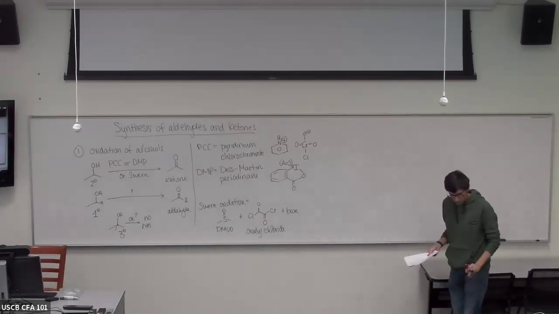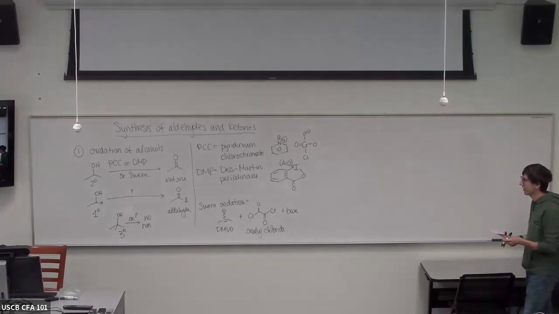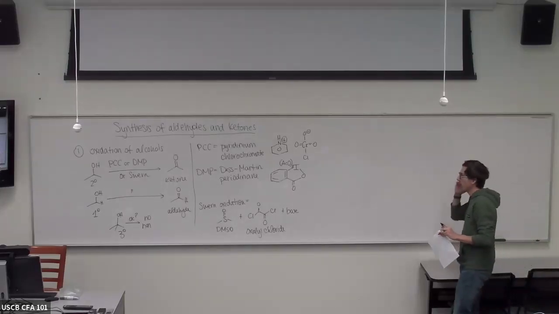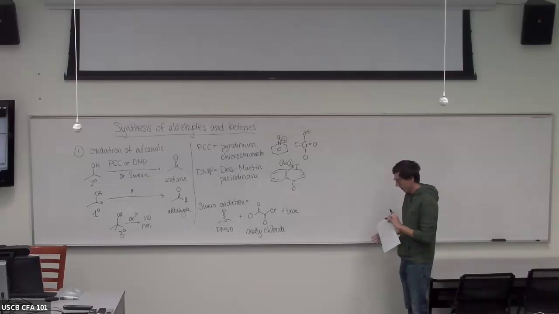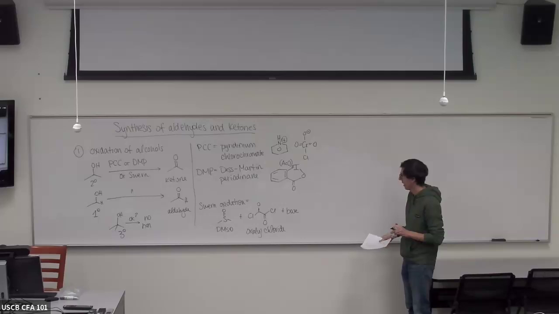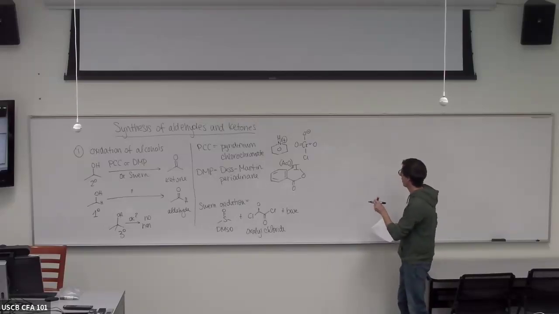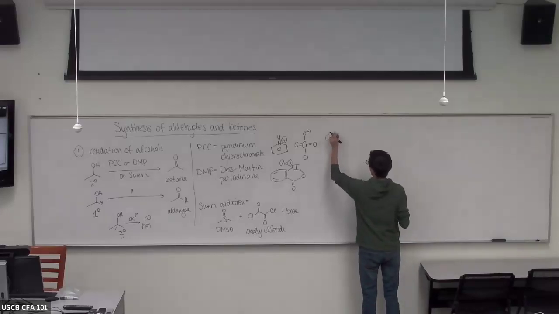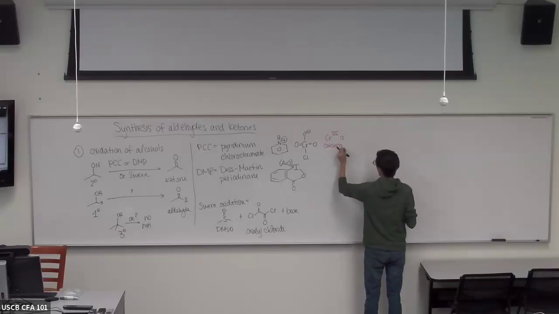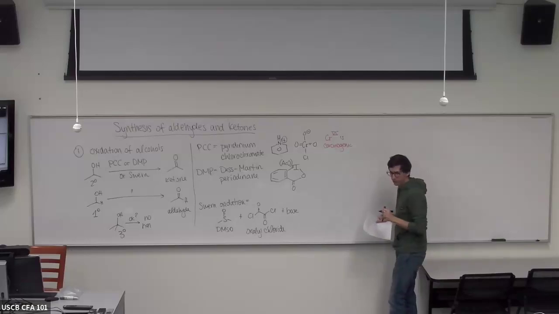So these are the 3 standard ways to oxidize an alcohol to a carbonyl compound. They all have significant drawbacks, and so you kind of have to pick your poison. In some cases, literally. Pyridinium chlorochromate has chromium 6, which is carcinogenic.